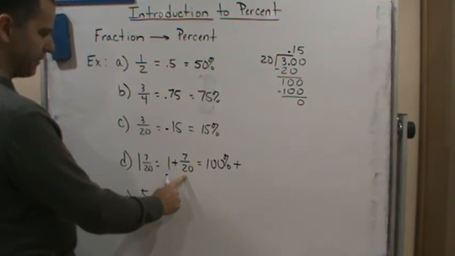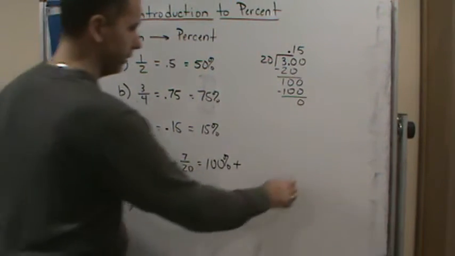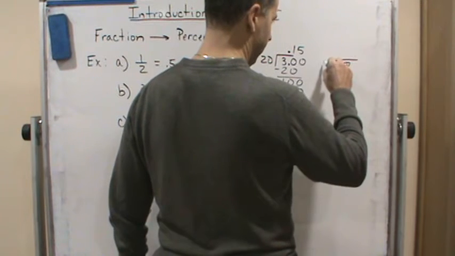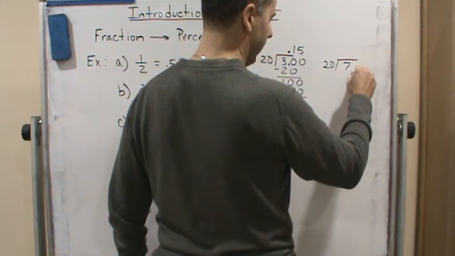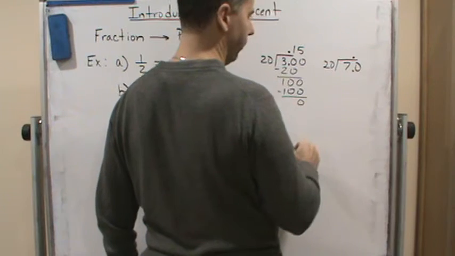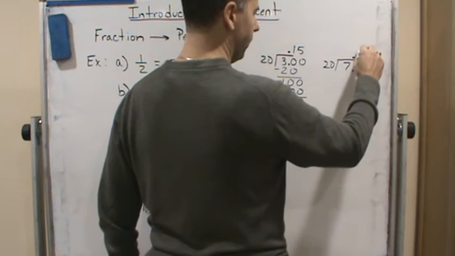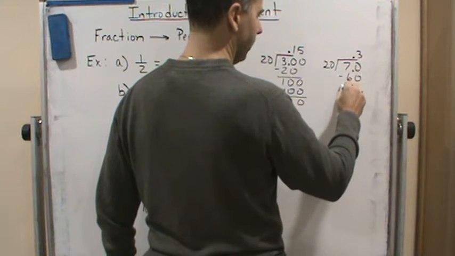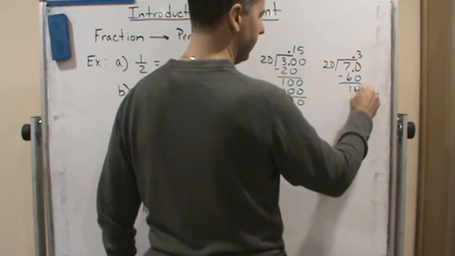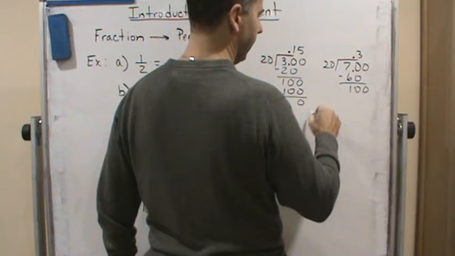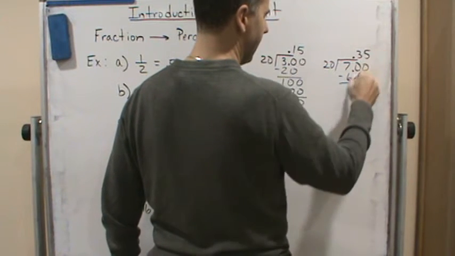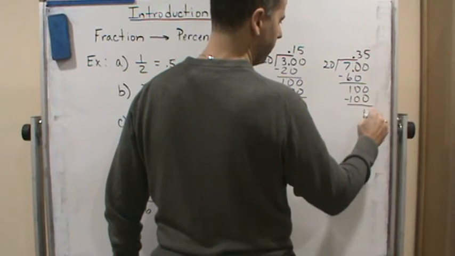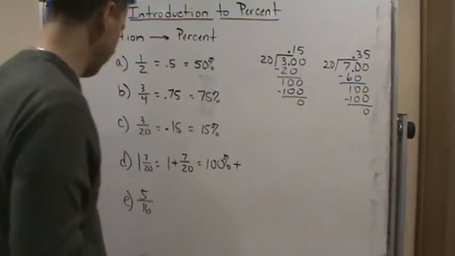Plus, well, what's 7/20? Let's divide 7 divided by 20. Again, I'm going to raise up the decimal point and put a 0. 20 goes into 70 3 times, so this gives us 60. 70 minus 60 is 10, and we drop the 0. 20 goes into 100 5 times, and again we get 0, and then we get 0.35.